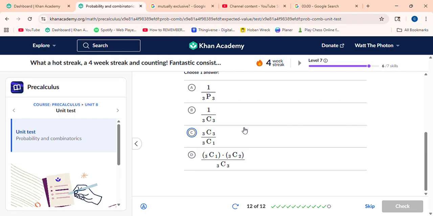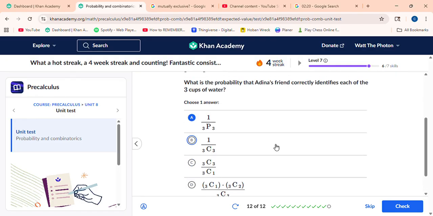Probability P. I think it's this one. Why is it this one, though?